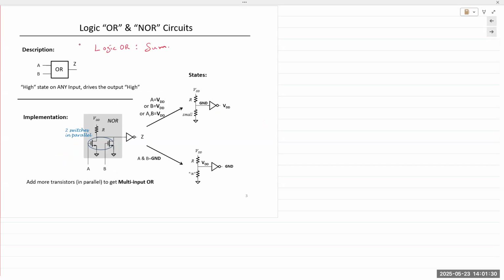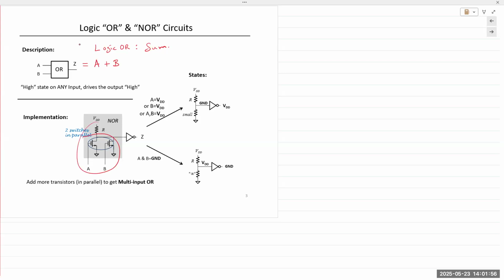So with inputs A, B, output Z is equal to A plus B. 0 plus 0 should give us 0. 0 plus 1 should give us 1. 1 plus 0 should be 1. And 1 plus 1 should also give us 1. So if any of the inputs are high, the output is also high. That's what it means.